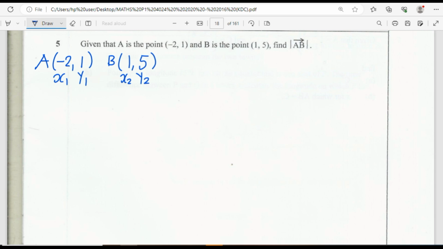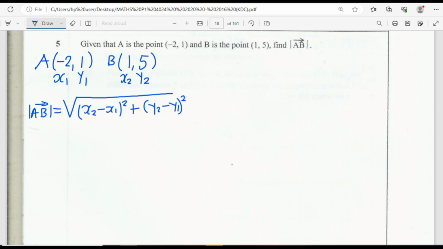So whenever you have two pairs of coordinates, this is what you are supposed to do. Then the formula for the magnitude AB is, now you need to find the square root of x2 minus x1 raised to the power 2 plus y2 minus y1 squared.